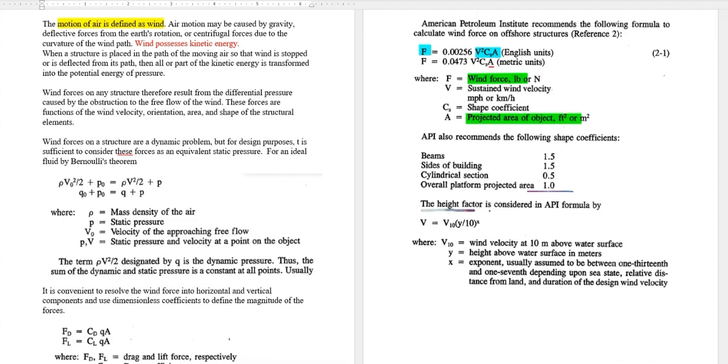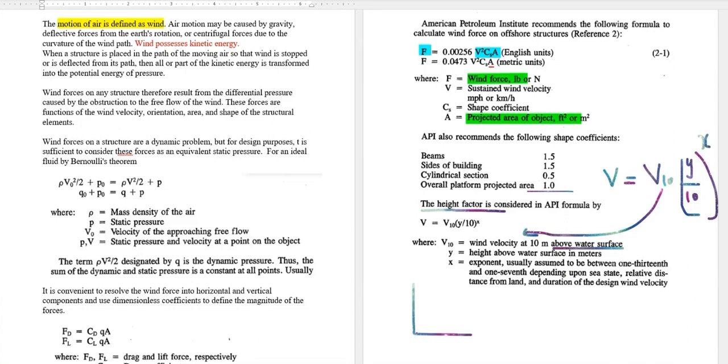And there is one more factor, the height factor. Velocity equals V10 times one more factor, y by 10 whole power x. So v is the velocity and v naught is the velocity at 10 meters above the water surface. Y is the height above the water surface in meters.